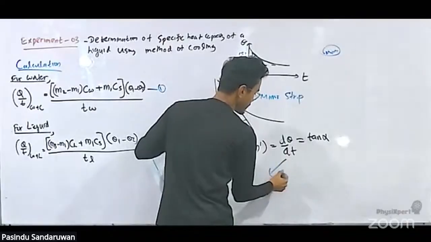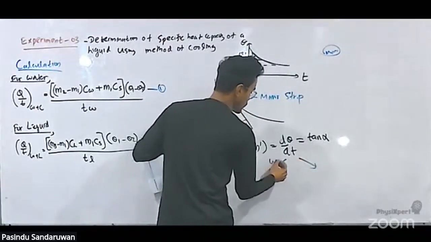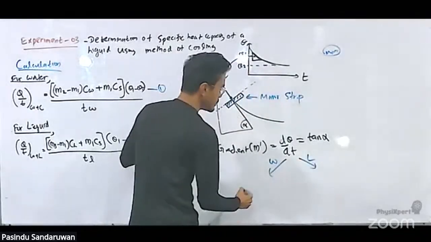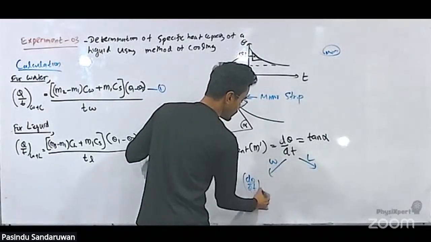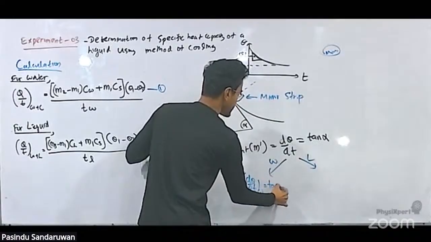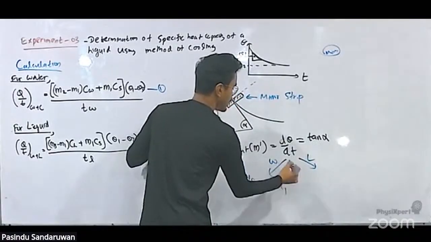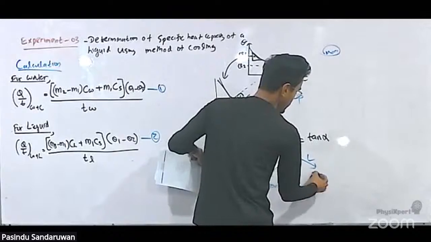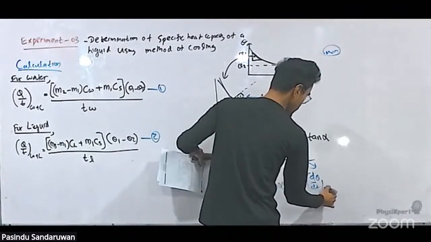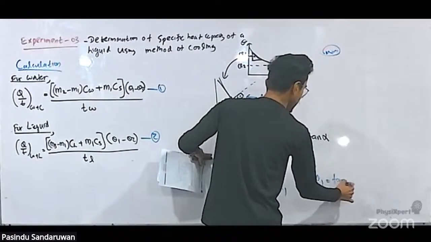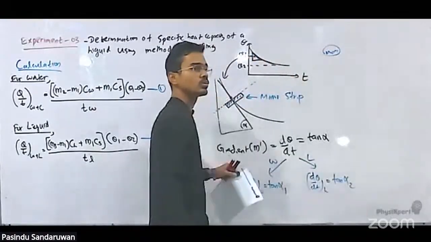From here, we can get d theta over dt of water, say that is tan alpha 1. And from here, you can get d theta over dt of liquid, say that is tan alpha 2.